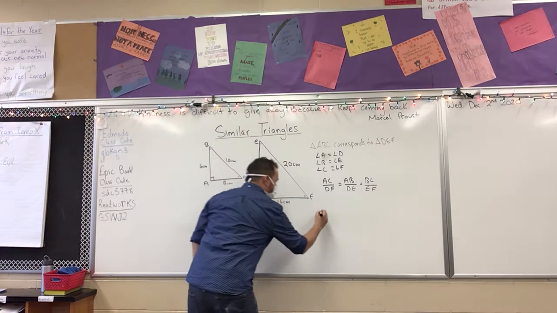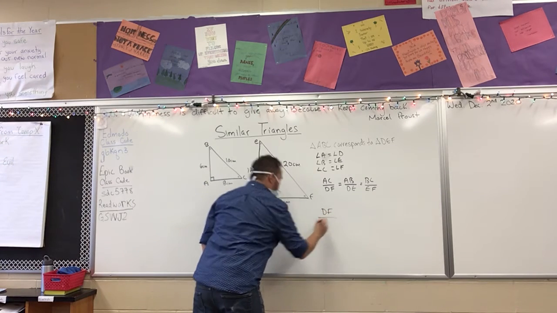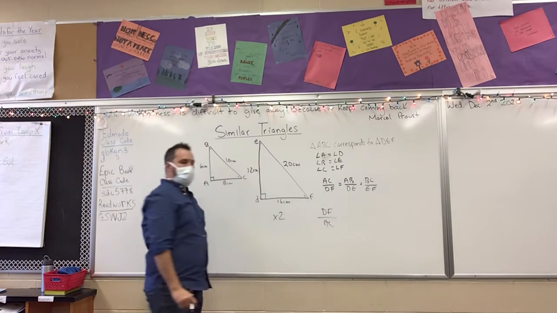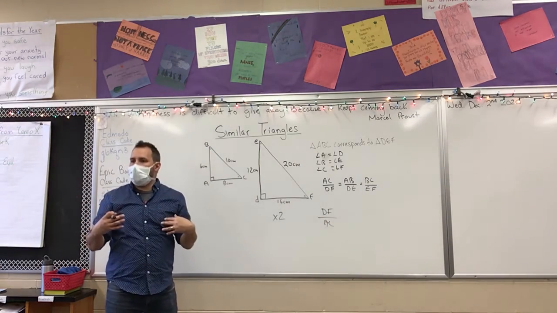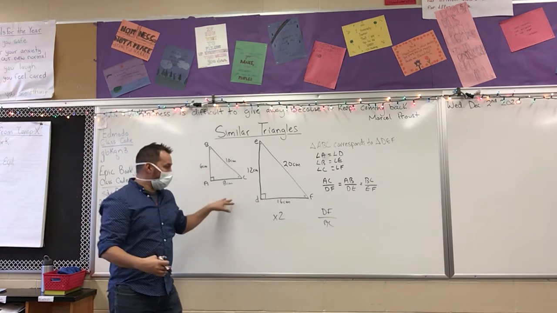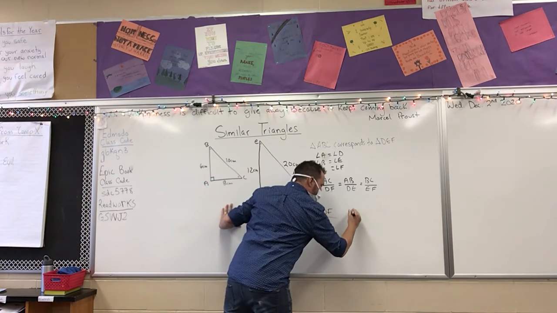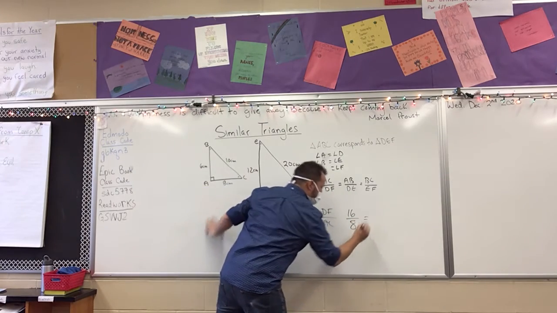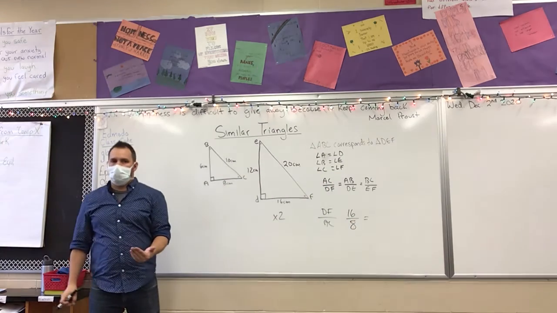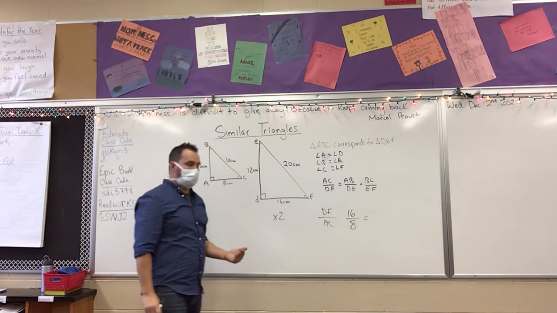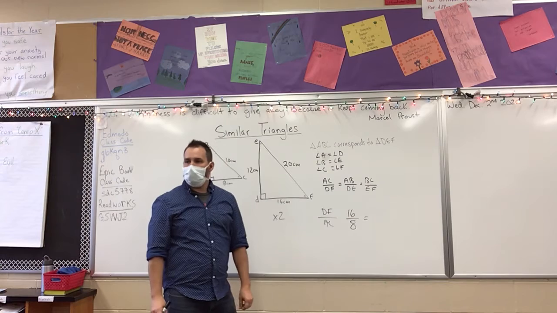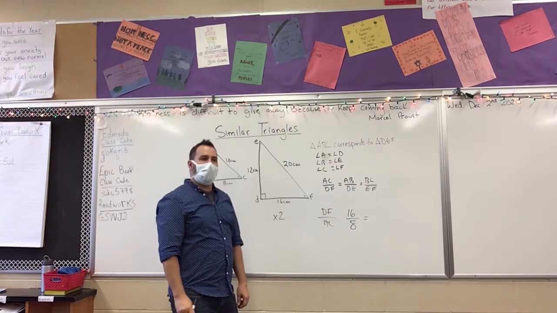I might write D to F over A to C. And then if I was to then write that out with the numbers that I have, I could say 16 over 8. If I did this as an actual division question, 16 divided by 8, what does that equal? What is 16 divided by 8?